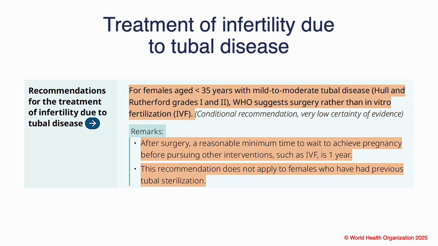If it is 1 to 2 and the woman's age is less than 35, then surgery is what WHO suggests rather than going for IVF. And after surgery, the minimum period to wait is 1 year before going for IVF. This recommendation does not apply to females who had previous tubal sterilization. So specifically, this note has been made.